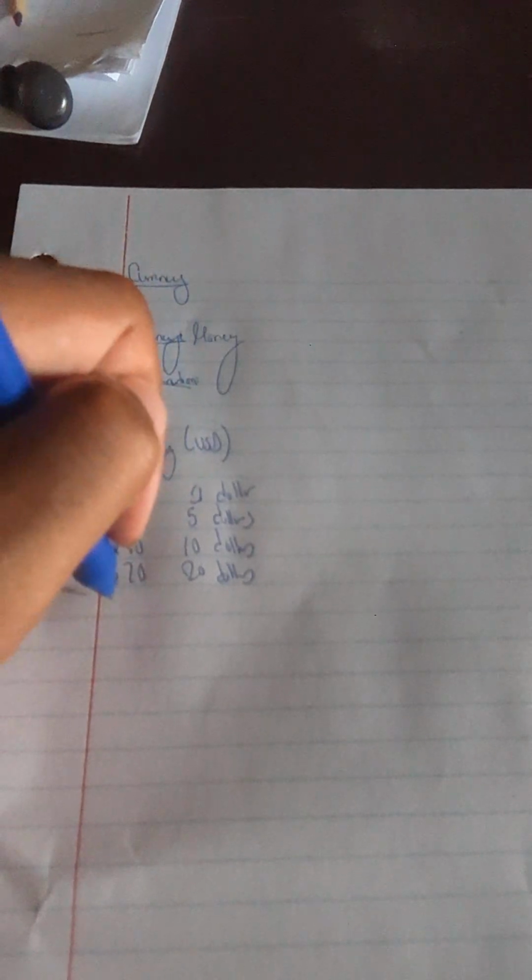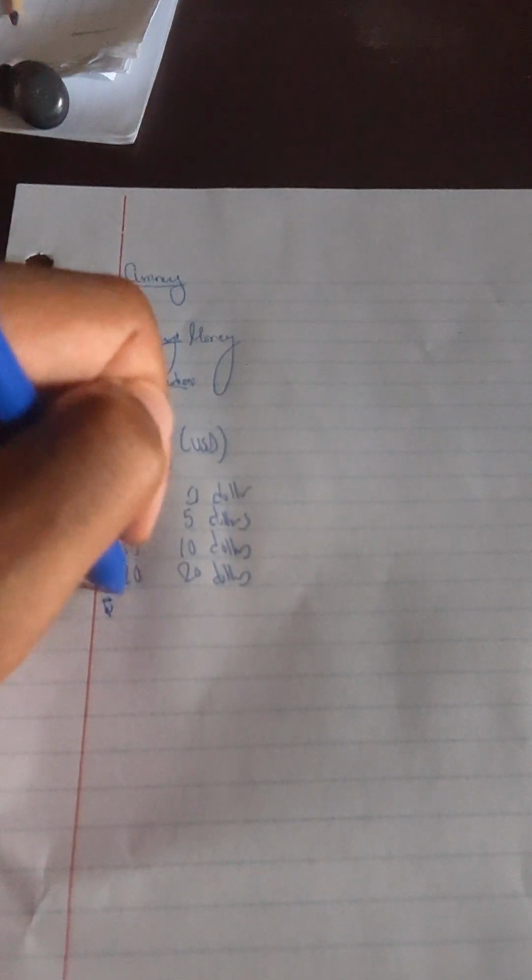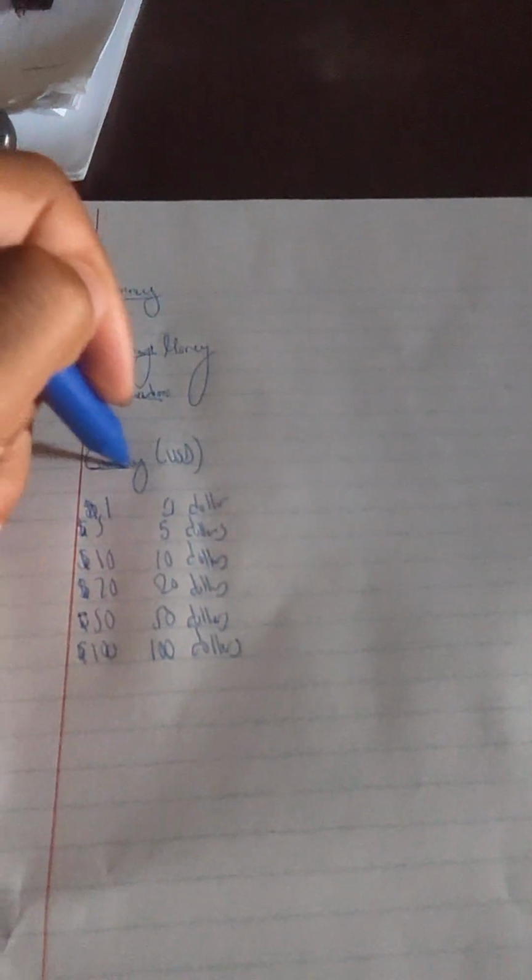One means $1, five means $5, 10 is $10, 20 is $20. I believe they have a $50 bill, and then we have a $100 bill.